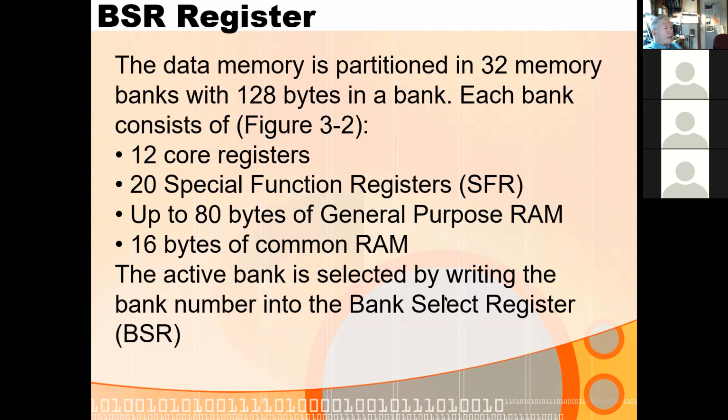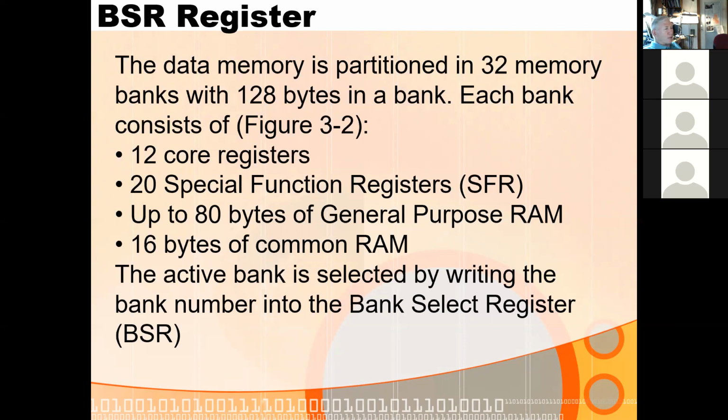So if you don't need more than 16 variables and you put them into 8-bit variables in common RAM, then you don't have to worry about messing with the BSR, except for some of the special function registers, because not all special function registers are in the 12 core registers. Most of them are not. Only a few are in those 12 core registers.